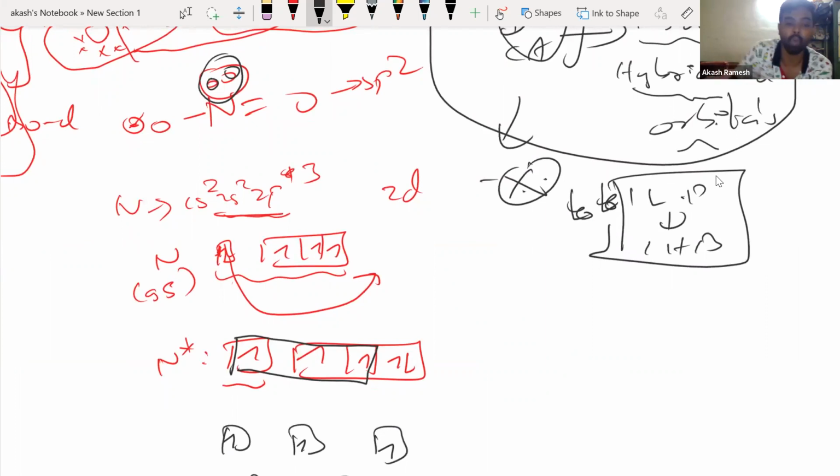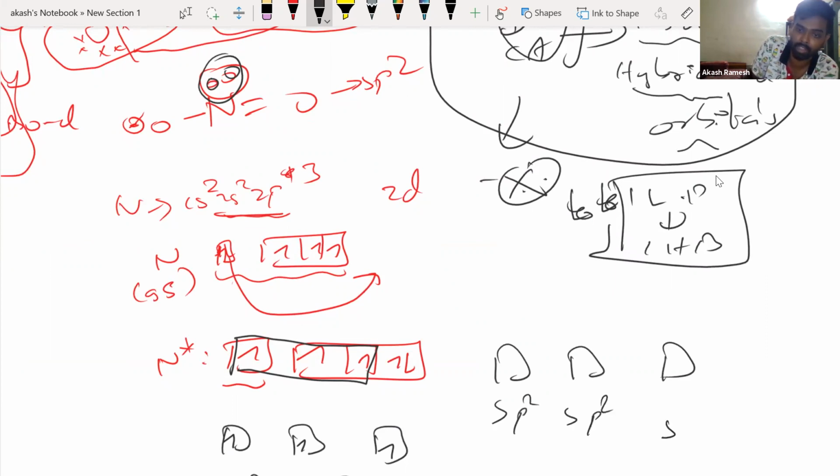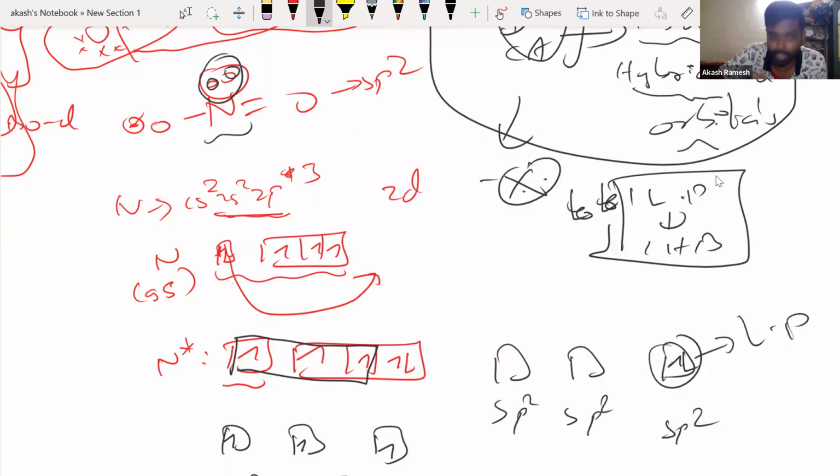That means I know I'm going to form 3 sp2 orbitals. In these 3, one of them is already filled. You get the point? And this already filled one is nothing but my lone pair. So nitrogen is having sp2 hybridization, and I will form 3 sp2 hybridized orbitals.